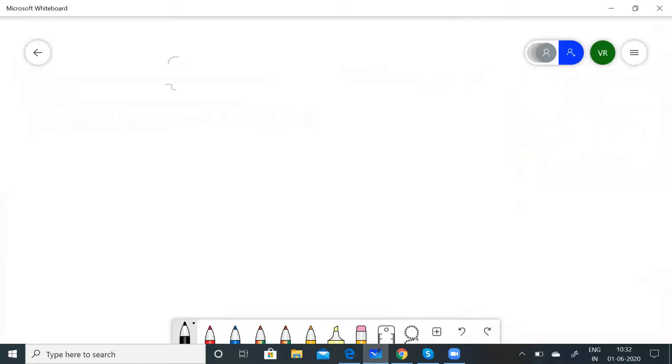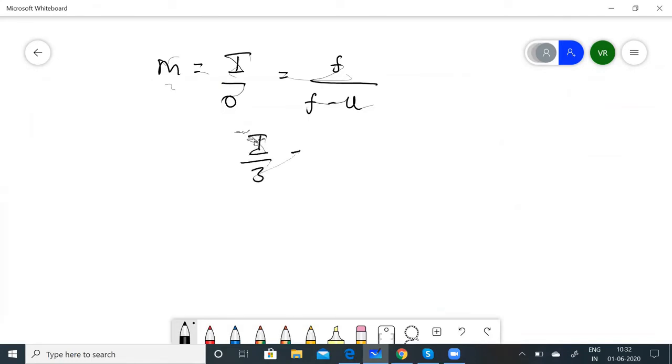Now you all know that m is equal to I by O, that is image size by object size, which is nothing but f by f minus u, where f is the focal length and u is the object distance. So I by 3 is equal to minus f by minus f minus u, since it is a concave mirror, we are taking f as negative.